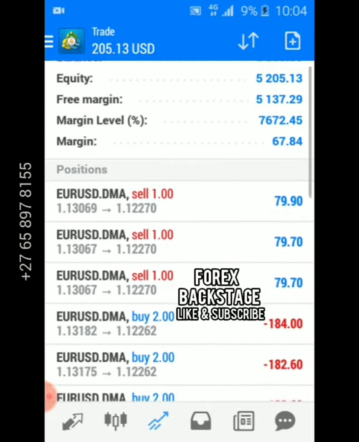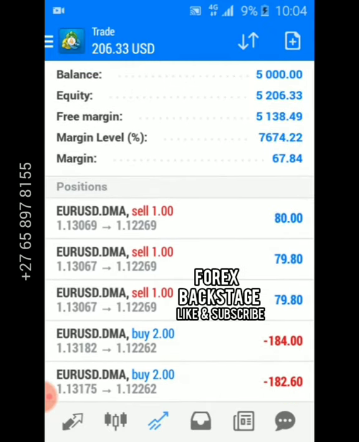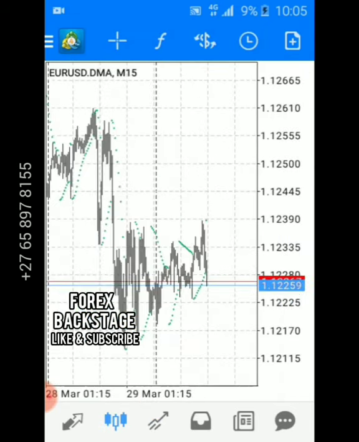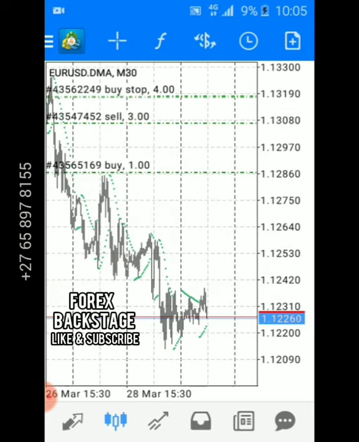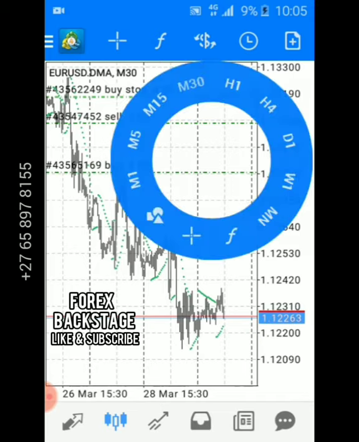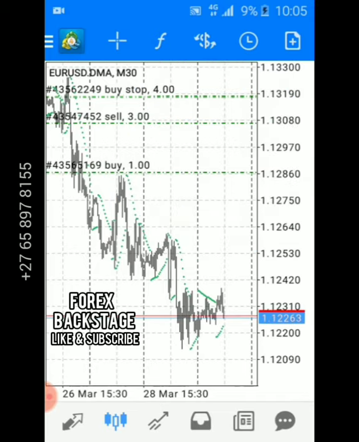Now listen very carefully. This is how the chart looks. Then let me go to the 15 minutes chart, then the 30 minutes chart. Yeah, on the 30 minutes chart, it's visible. I am focusing on these two lines that are here. This is where my strategy is.